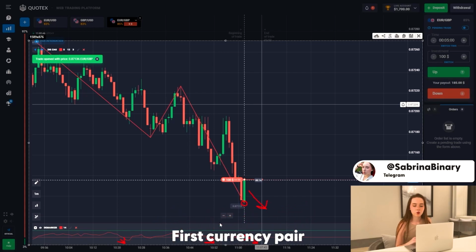Let me tell you more about the zigzag indicator and how to work with it. This indicator is a broken line that connects the local maximum and minimum in the price chart. Due to the fact that the zigzag is built according to the most significant maximums, it's very convenient to use for analyzing the price chart.